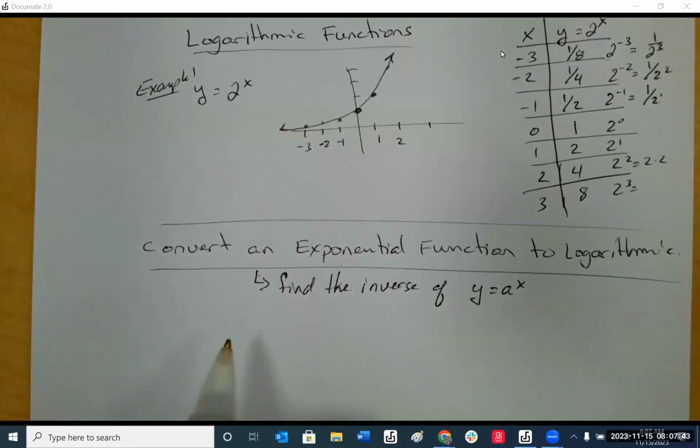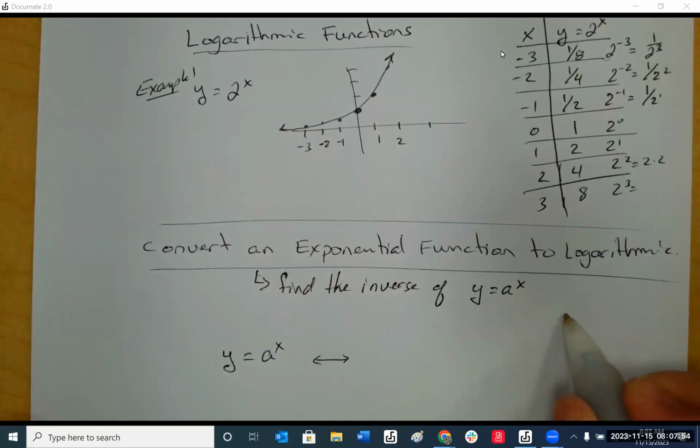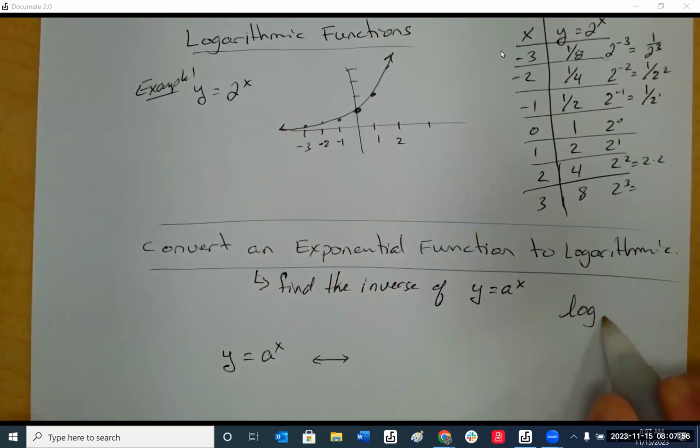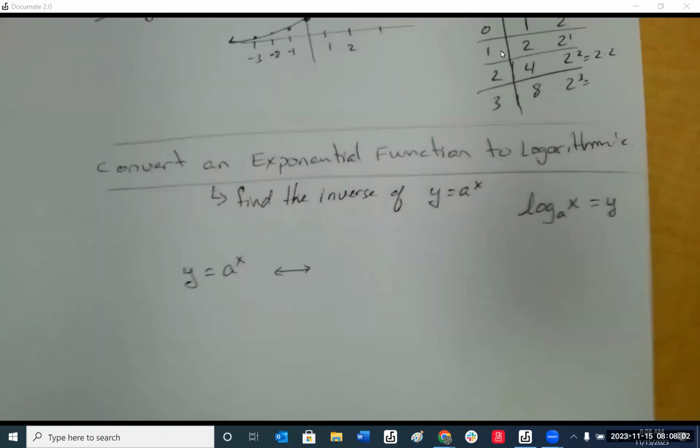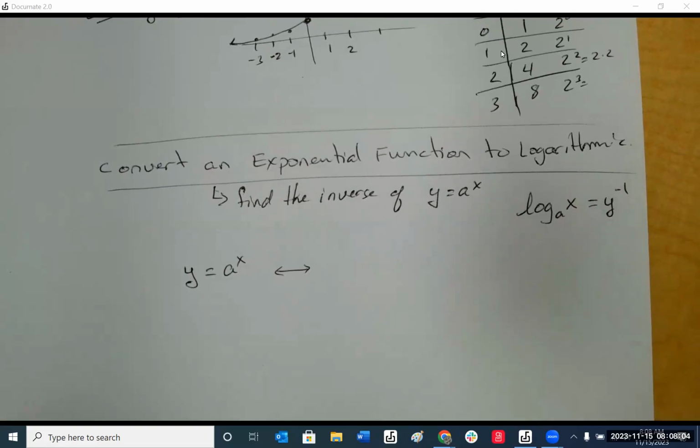All right, so remember, a logarithmic equation looks like this. But remember, it's an inverse of the exponentials.